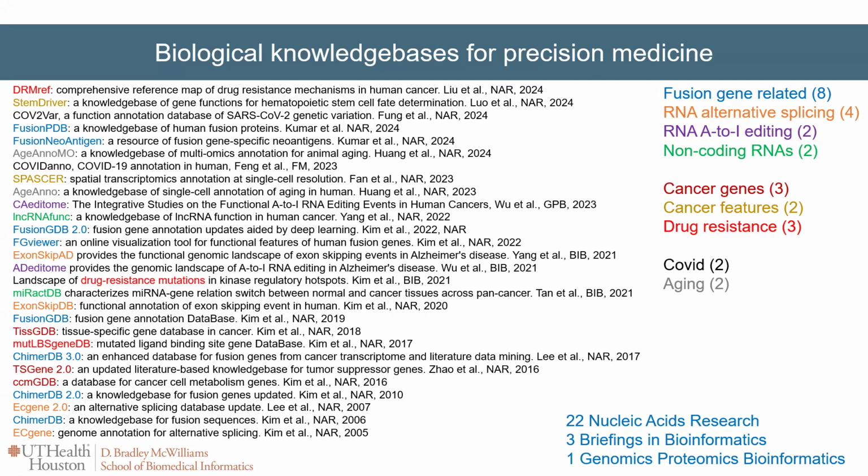The major research topic for me is the fusion gene, and I also have an interest in alternative splicing events, and I also published on diverse RNA editing events, cancer genes, cancer features, and other disease information.